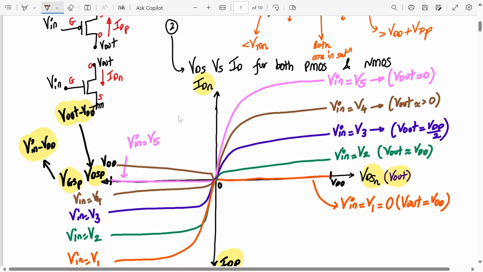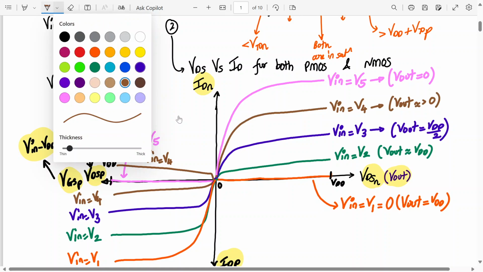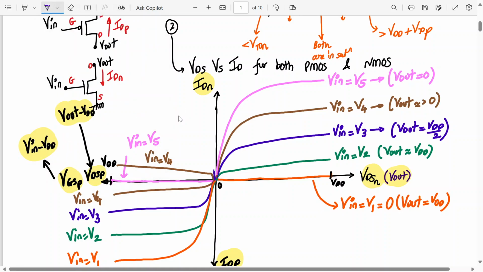So this point will be V in equal to V4. This point is V in equal to V5, which will come on the x-axis only. Then next will be here. Sorry, let me draw it properly.